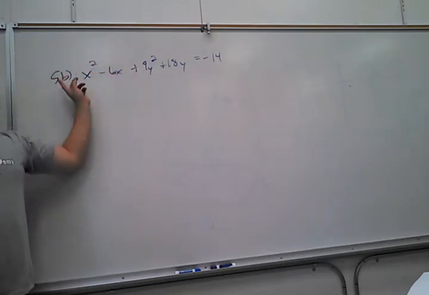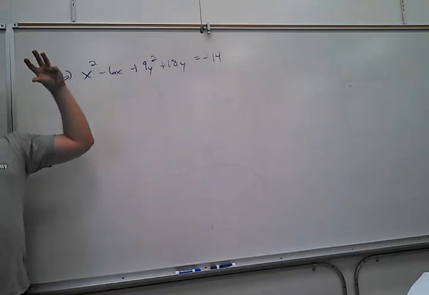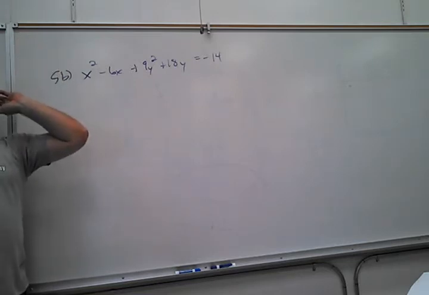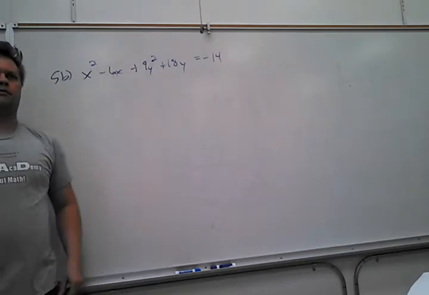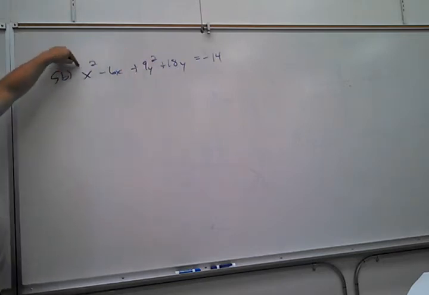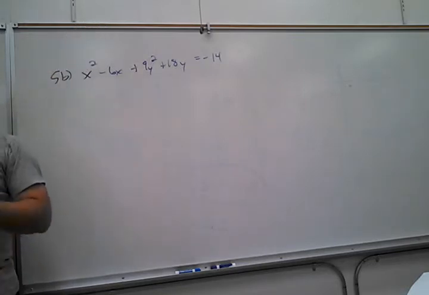They don't have the same coefficients, though, so it's got to be an ellipse. If this would have been 9 also, it would be a circle, because they're both the same coefficients, so it would be the same in both directions.